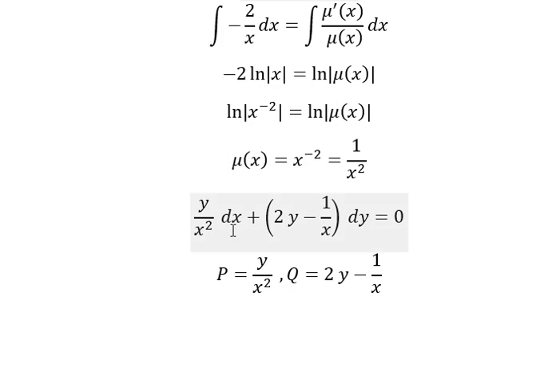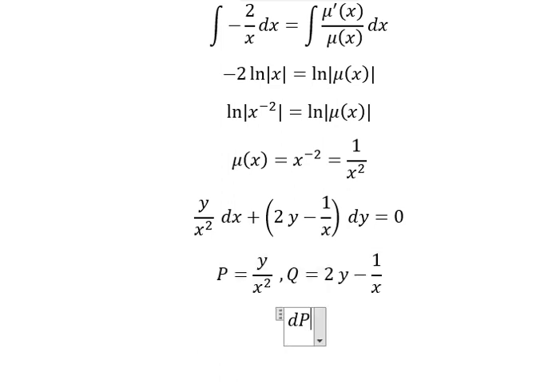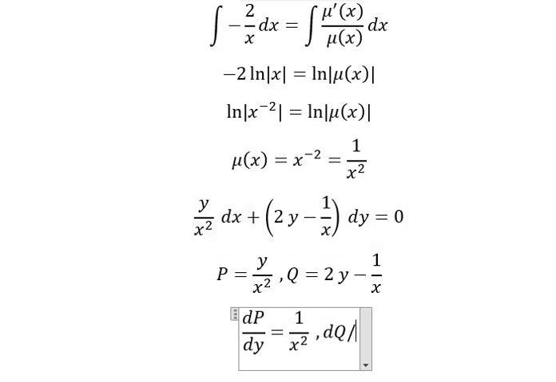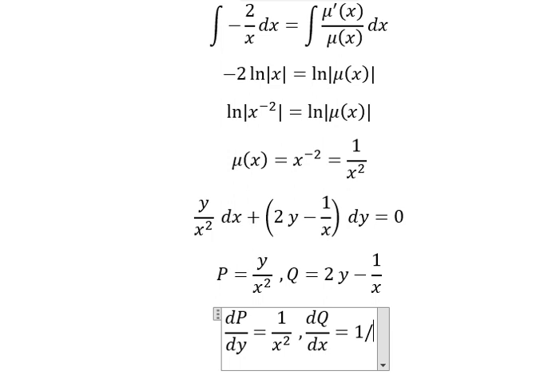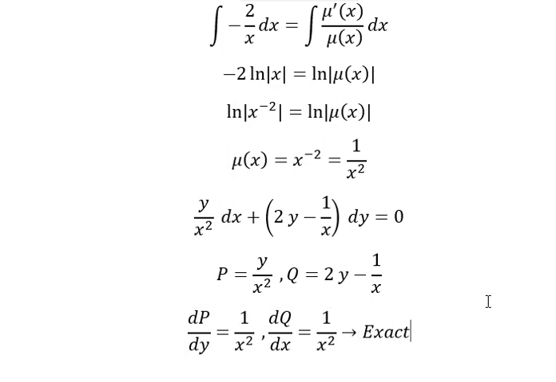So, this is about dx. So, we need to do first the derivative of b with respect to y. So, this one we have 1 over s squared. And this one, that is about 1 over s squared. So we can see that this one and this one, they are the same. So that is exact.